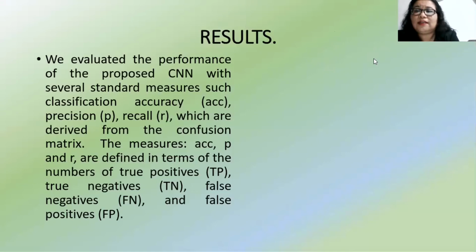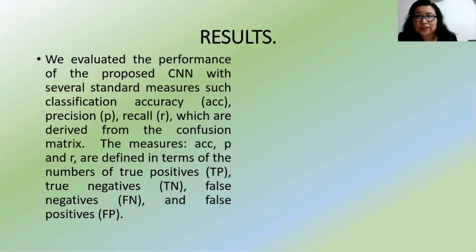We evaluate the performance of the proposed CNN with several standard measures, such as classification accuracy, precision, and recall, which are derived from the confusion matrix. The measures ACC, P, and R are defined in terms of the numbers of true positives, true negatives, false negatives, and false positives.